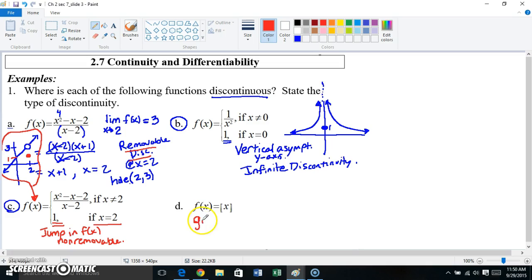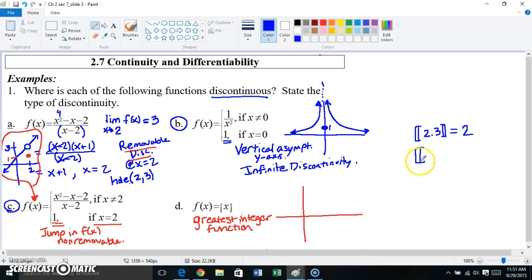Okay, I'm not sure if you know what this function is. This is called the greatest integer function. And if you've seen it before, it looks like a step function. So the greatest integer, when you plug a value in, you get out the greatest integer less than or equal to the number you plugged in. So for example, what is the greatest integer of 2.3? It's the greatest integer less than or equal to 2.3, so that's 2.